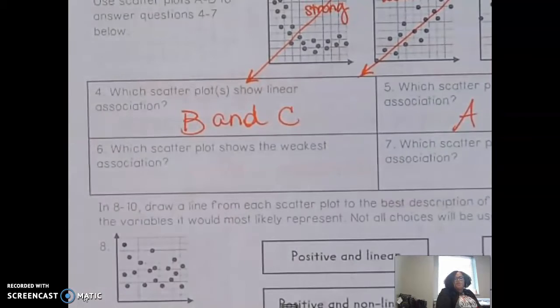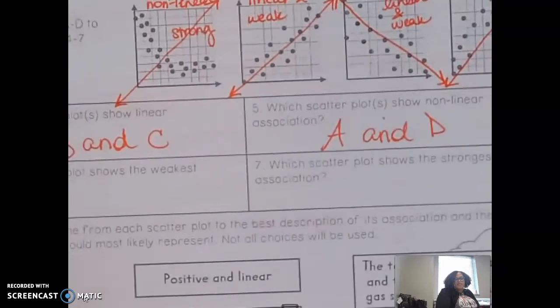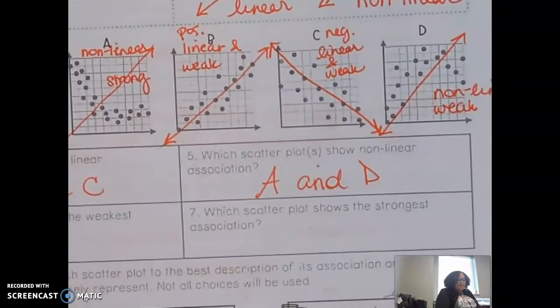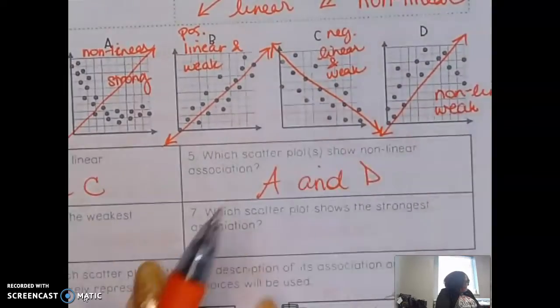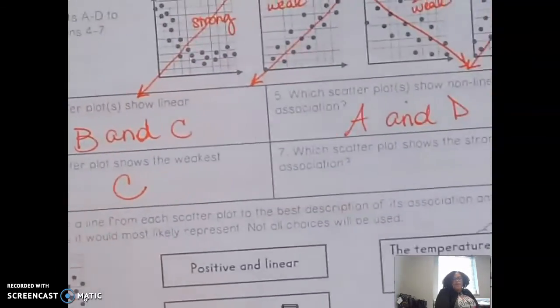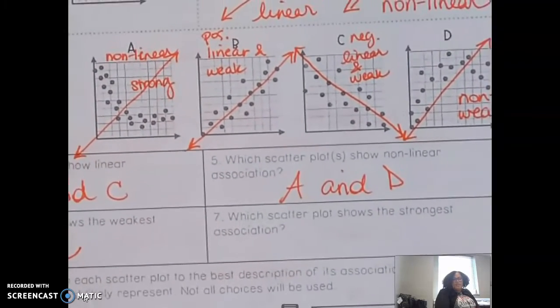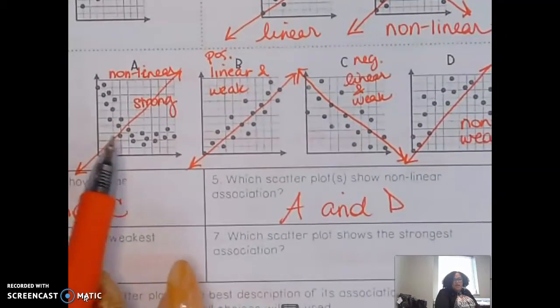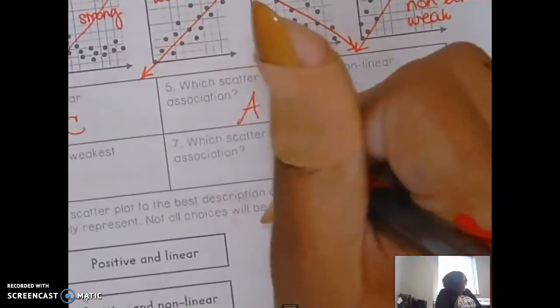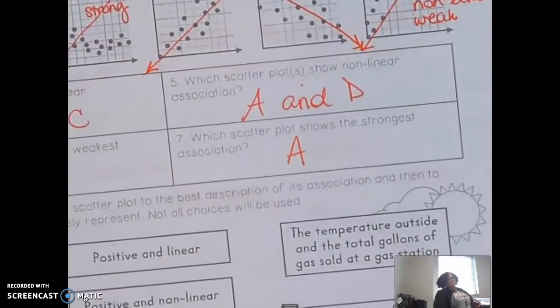Which scatter plot shows the weakest association? That looks like C, because these are kind of close together. So we'll say scatter plot C. And then which scatter plot shows the strongest association? We'll say A, because all of these are fairly spread out. So A is the winner here.